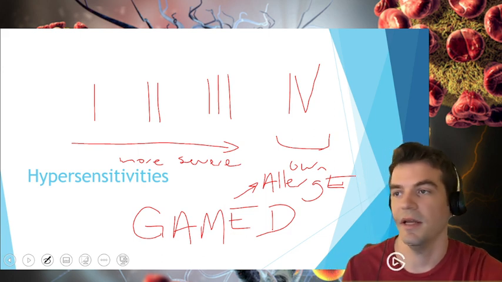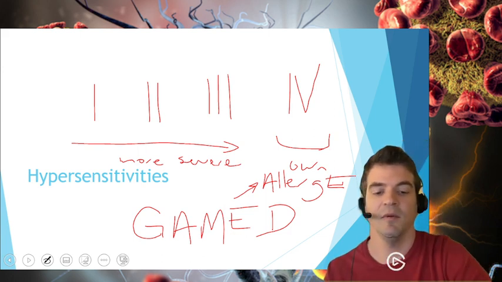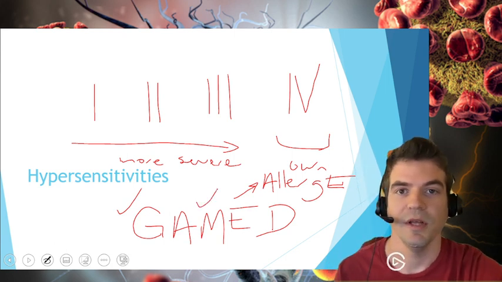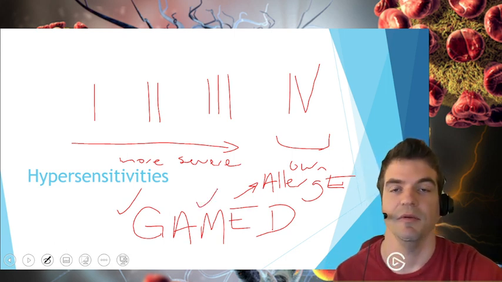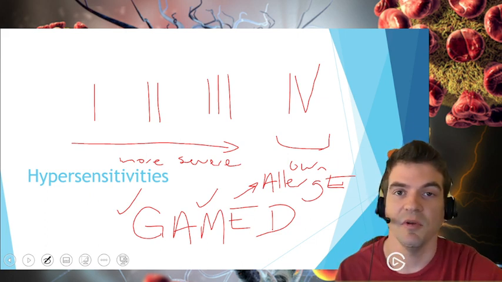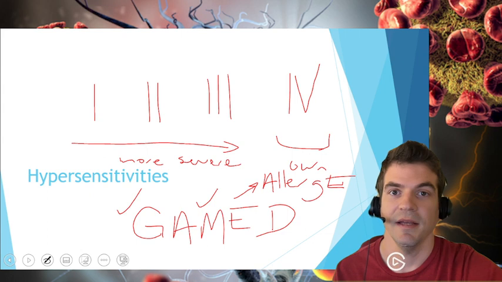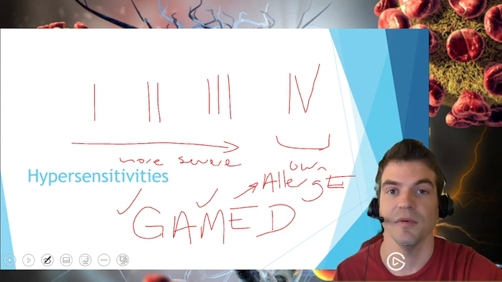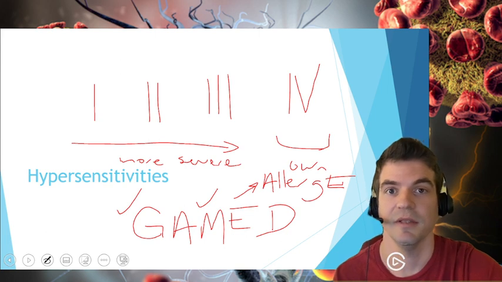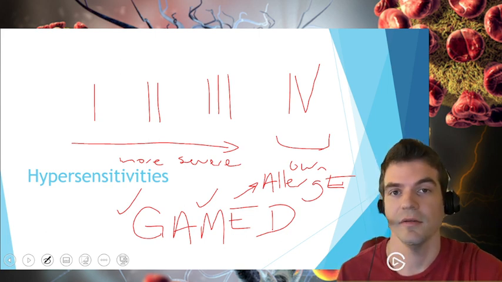Then we learned that G and M were the other big main players. They were the main players in the primary and secondary immune response. They're the highest by concentration overall. They are really the main players in our immune responses.